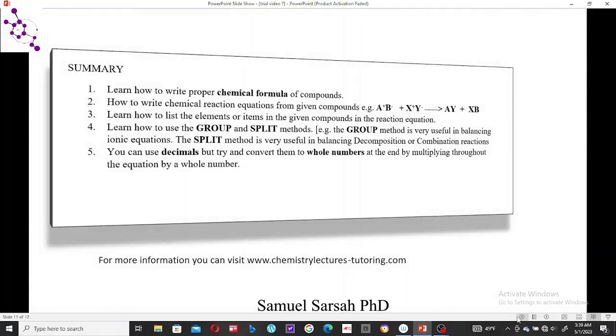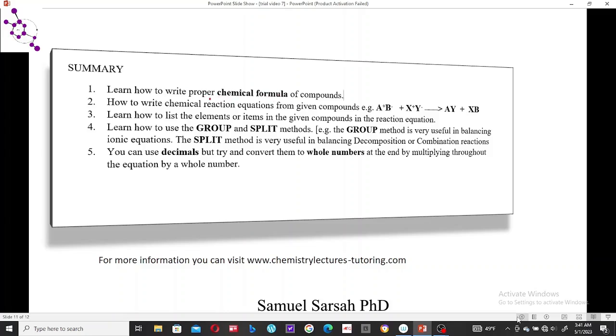Okay, this is a summary of balancing chemical equations. I am listing the most important things that you need to know to balance chemical equations.